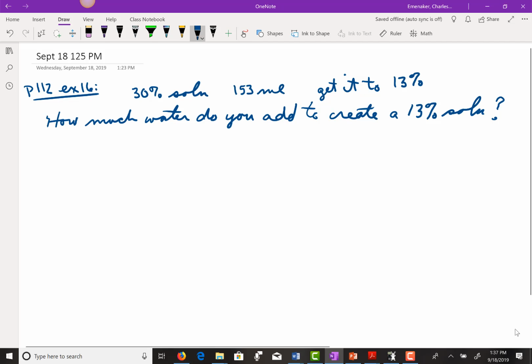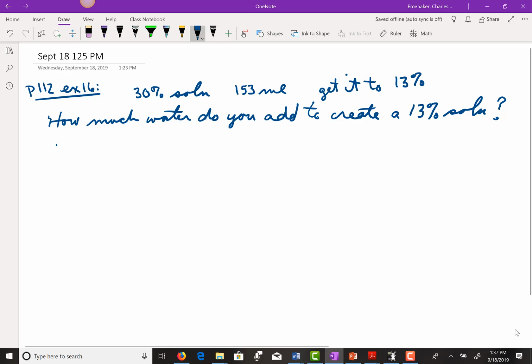Well, what we're going to do is, in the end, we're going to wind up with some volume of whatever this is. I'm going to call it the final amount. I don't know how much I'm going to have in the end. I just know I have to add some water to this, enough to make it 13%.